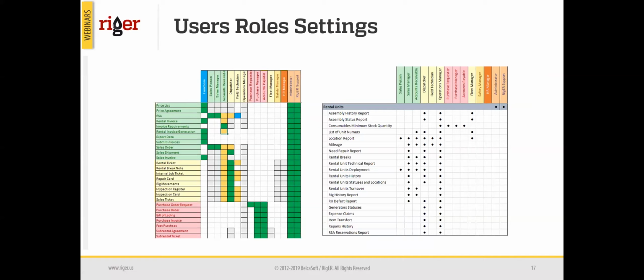And of course, if you have any questions, you can always reach us and we will explain what rights each of the roles has in the system, and what rights to set for specific users in the system.